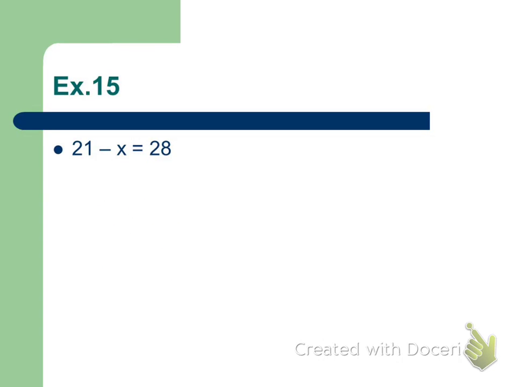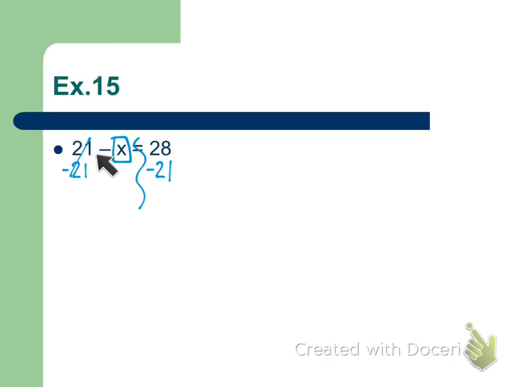We're almost through these examples. We got a lot of them today. So we have x, split it up. Jamarl, what do you think we should do first? Subtract 21. Very good. Subtract 21 from both sides. When we do that, we're just canceling out the 21 and the negative 21.